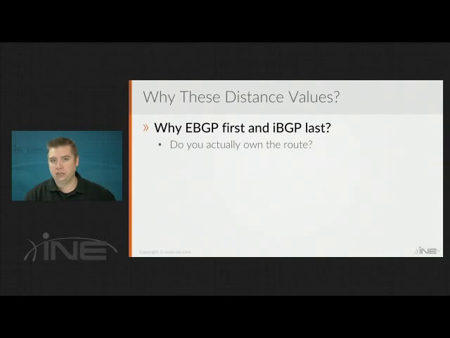It's someone else's destination on the internet. Because if it was your destination and you were learning it through BGP, you would normally be learning it from IBGP. So from a basic logic point of view, it wouldn't make sense to route into the network in order to get to an external destination. We should route out of the network to get to an external destination. Where the opposite is true for the internal BGP route.